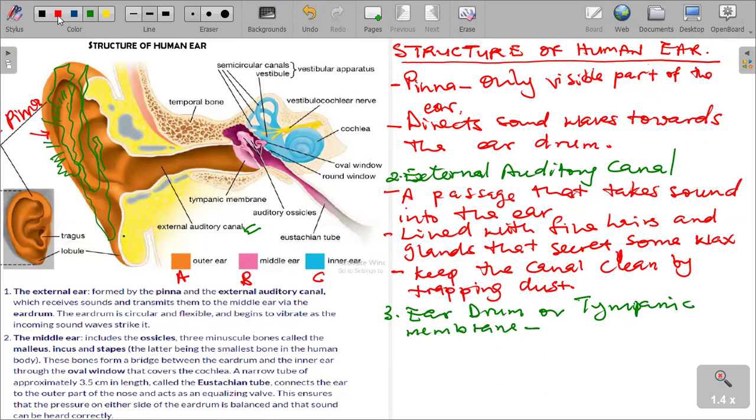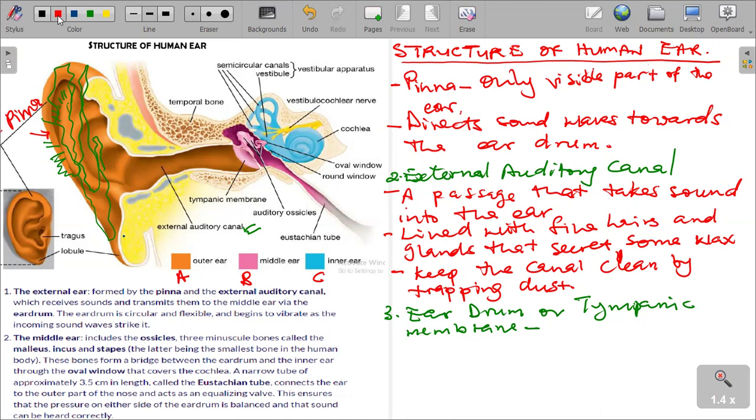What are the functions of the eardrum or the tympanic membrane? It is a very useful part of the ear which separates the outer ear from the middle ear.